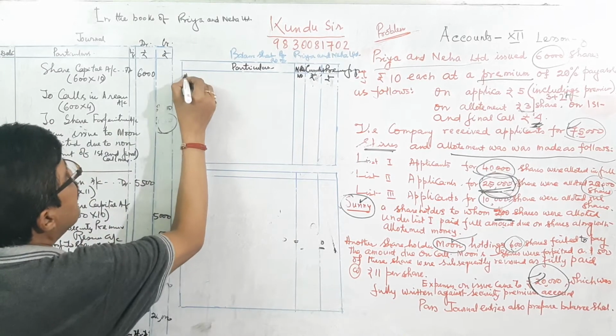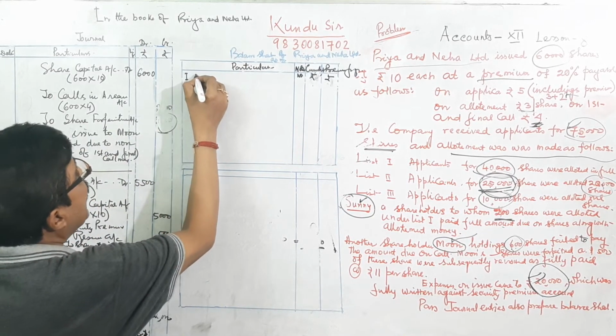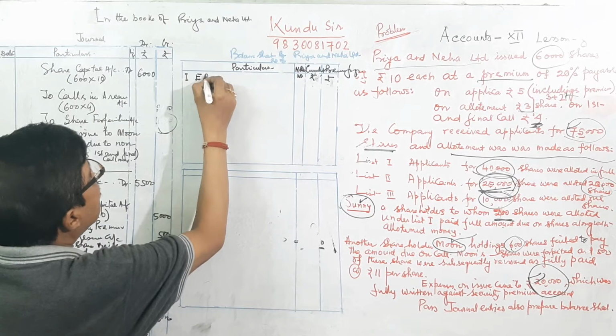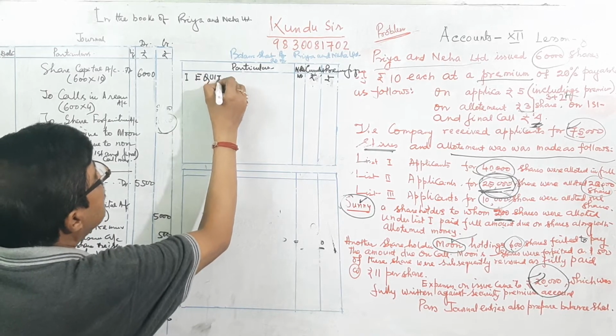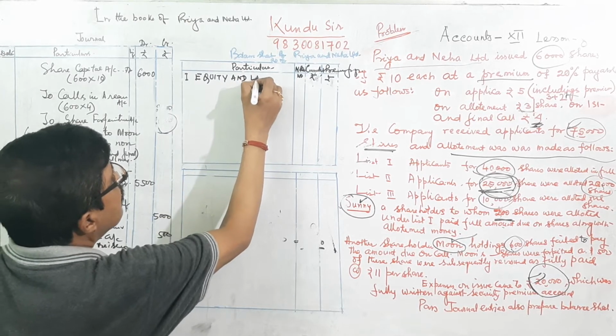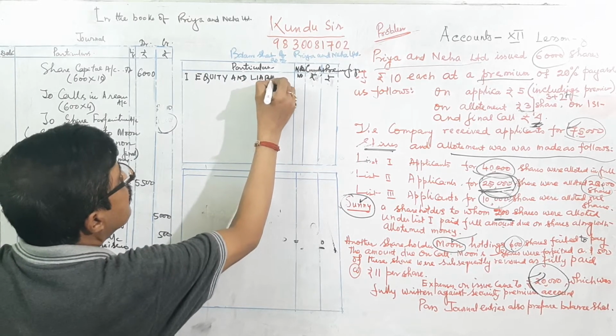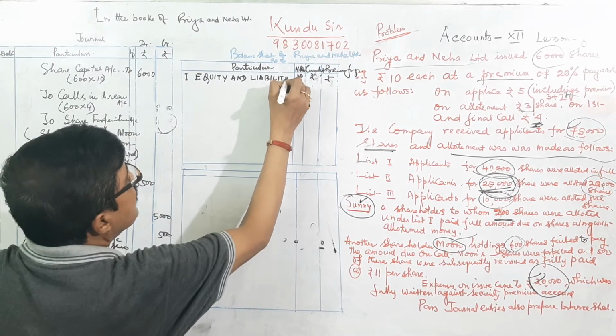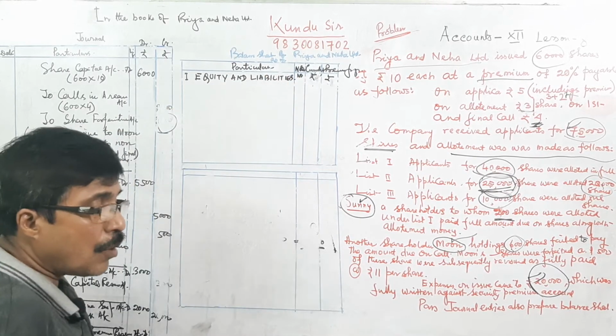First, Roman 1, equity and liabilities. What is the equity?